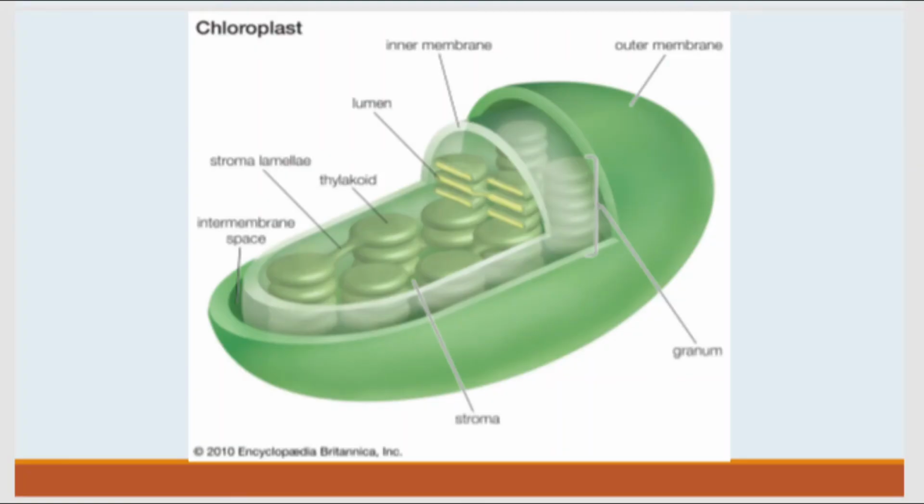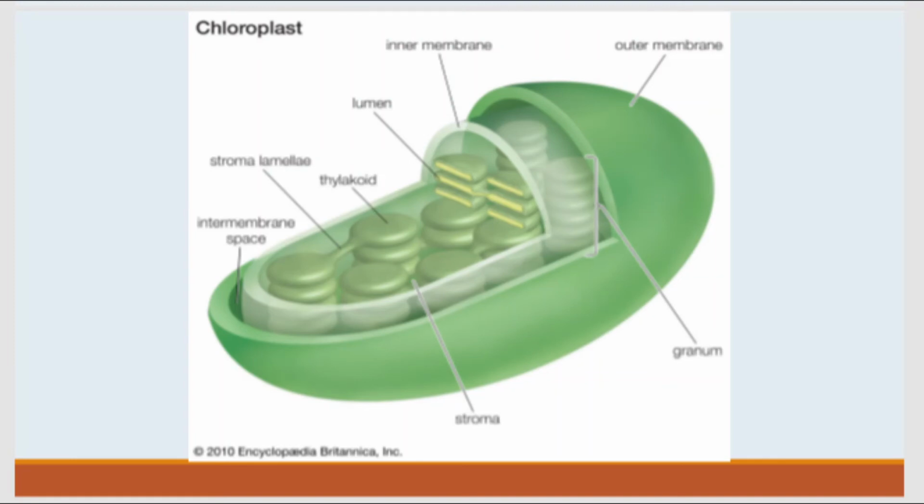So we go through our review of this dark reaction, the C3 cycle. Every plant, which is an autotroph and manufactures its own food, definitely goes through this dark reaction or C3 cycle.